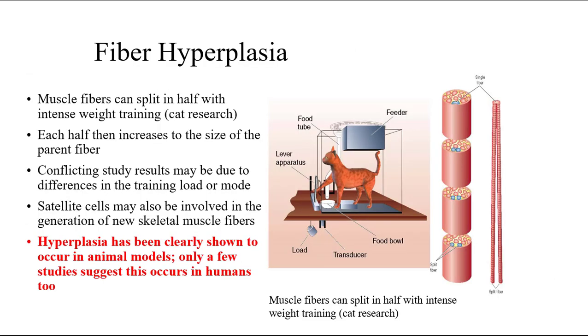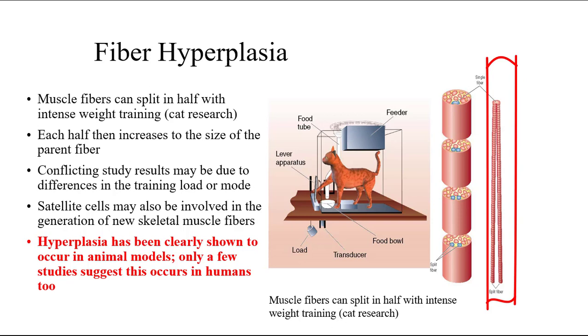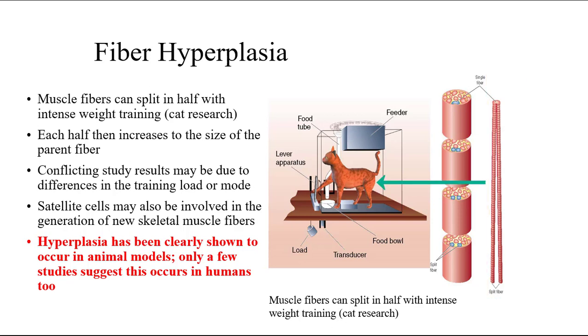Muscle fiber can split in half with intense weight training, but this is based on animal study, not human case. And each half then increases to the size of the parent fiber. But conflicting study results may be due to a difference in the training load or mode, and satellite cell may also be involved in the generation of new skeletal muscle fiber.